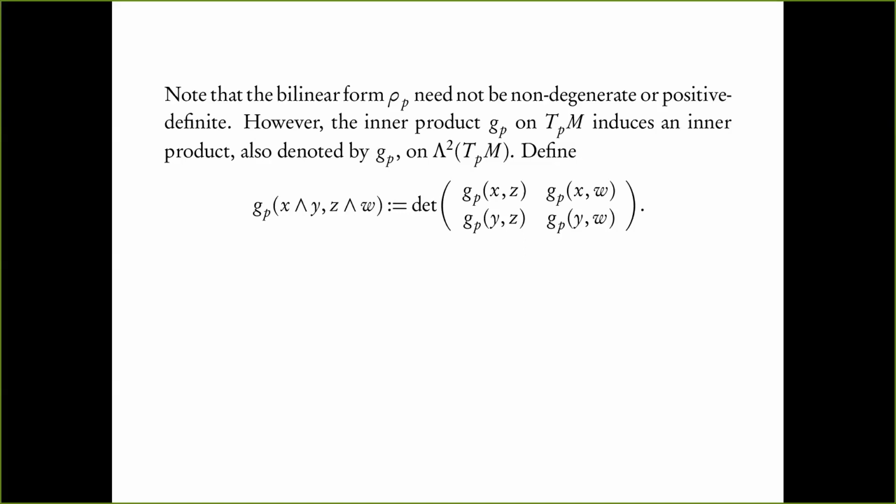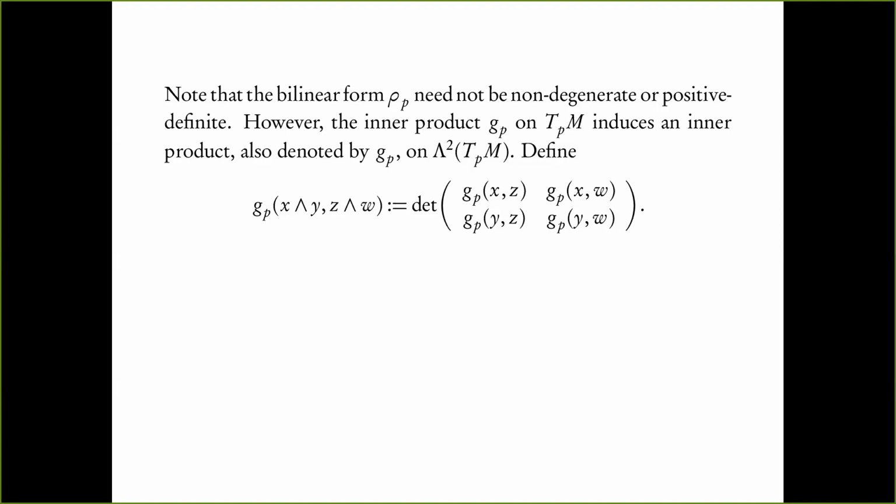The off diagonal elements perhaps flip. Exactly, the off diagonal elements flip, because whatever goes in first, X goes in the first row, and then Y goes in the second row. So for Z wedge W, you'll have g(Z,X), g(Z,Y), and then g(W,X), g(W,Y).